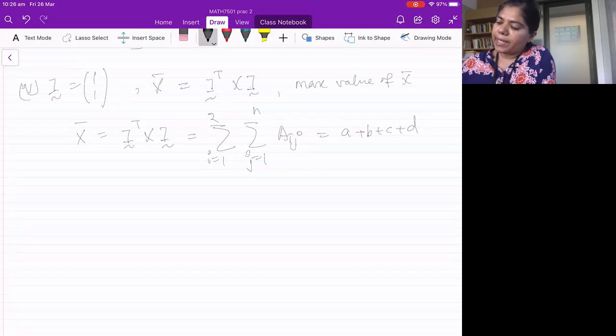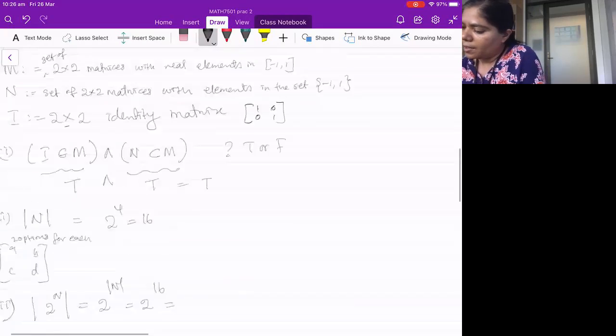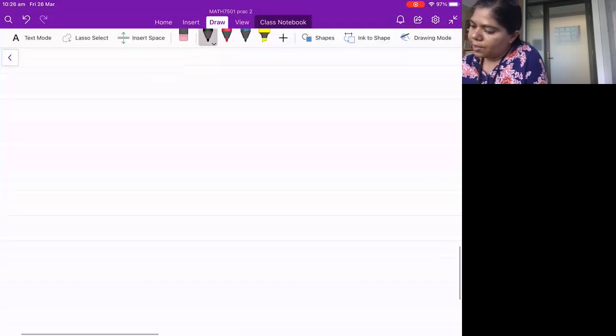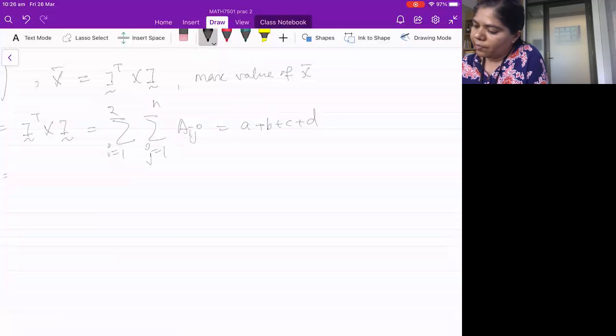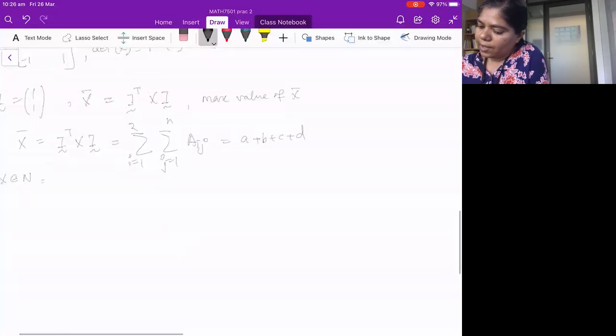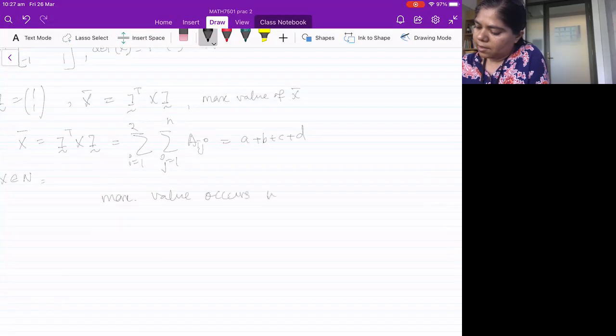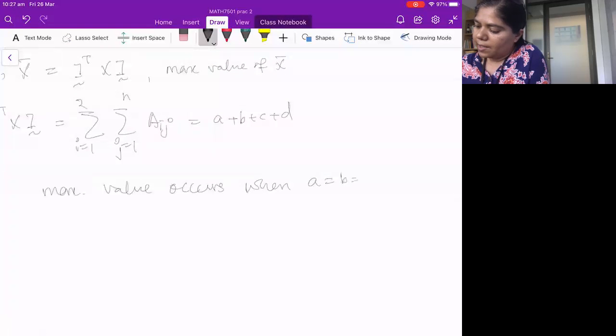Yeah. So the maximum element is, remember, if X is in N, X can take values of only 1 and minus 1. Okay? So the maximal element is when all of them are 1. So the maximum value is 4, when A equals B equals C equals D equals 1.